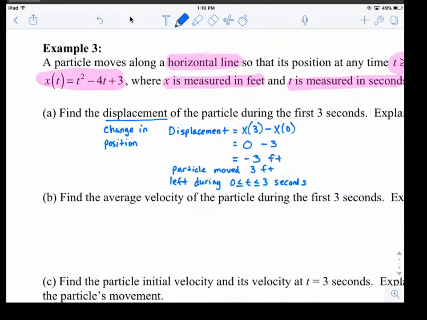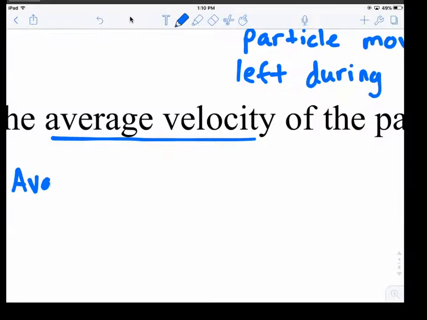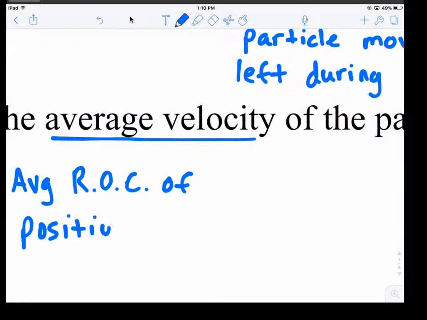All right, next one says find the average velocity of the particle during the first 3 seconds and then explain its meaning. So, average velocity is just another fancy way of saying the average rate of change of position. So this is kind of like your algebra 1 way of figuring out the slope of a line.